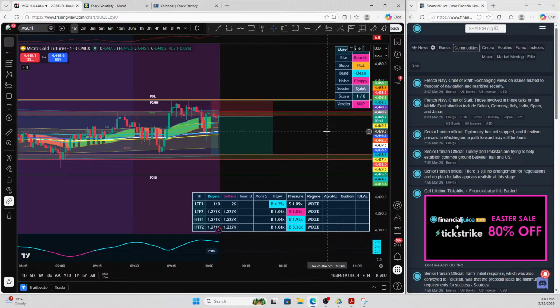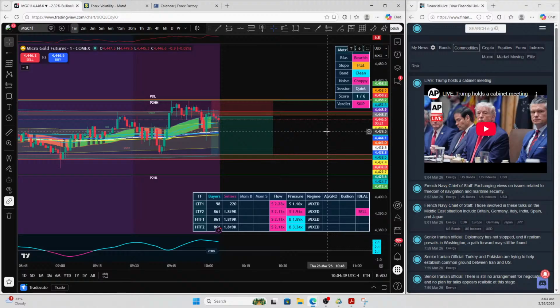Our bias for today is bearish. However, the trend master indicator for right now is pointing towards the bull side. But there's not enough information for us to have that conclusion. So we're going to wait for more information. Meanwhile, this is one of the trades that we have.